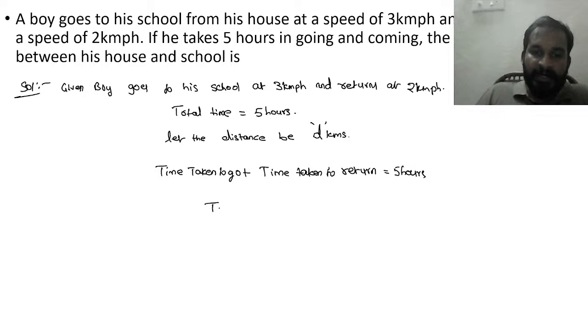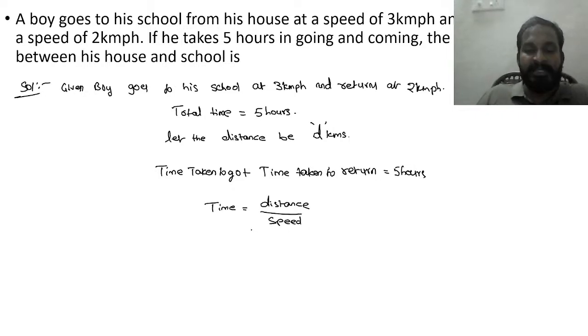What is the formula for time? Time is equal to distance by speed. Therefore, time taken to go, what happens? D by, and speed is what? 3 kmph. Plus time taken to return. Distance is D and he is returning with what speed? 2 kmph.